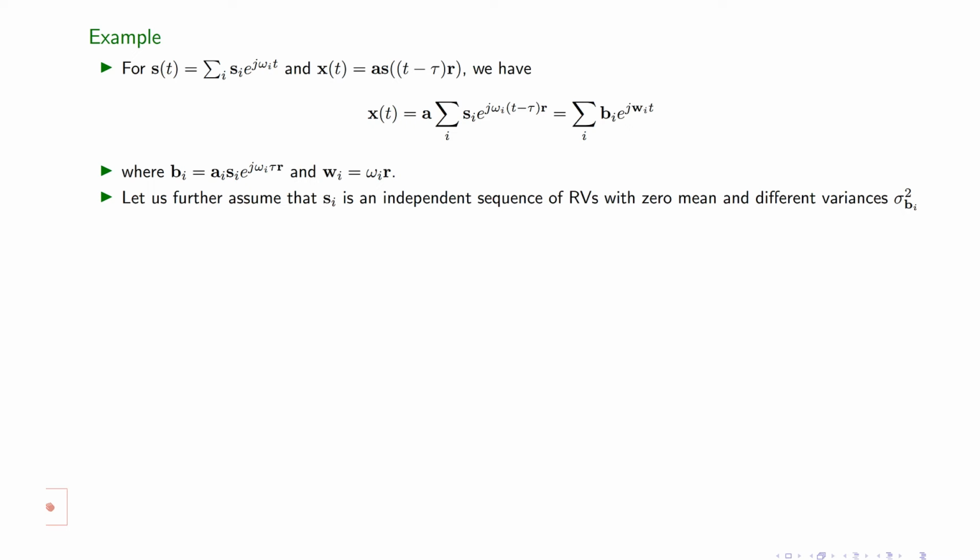So if we assume that these SIs are independent, or BIs are independent, a sequence of random variables with mean of 0 and different variances, obviously you could assume that these variances are, let's say, related to variances of these SIs and so on, but let us not complicate the problem.